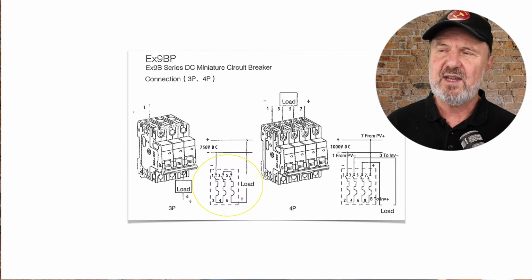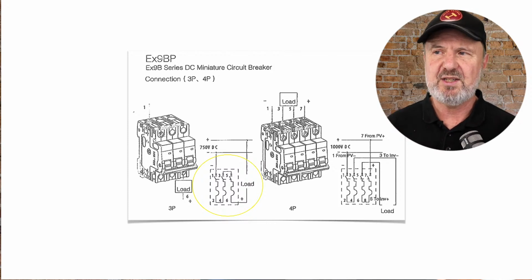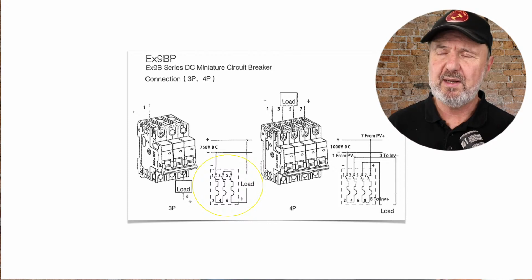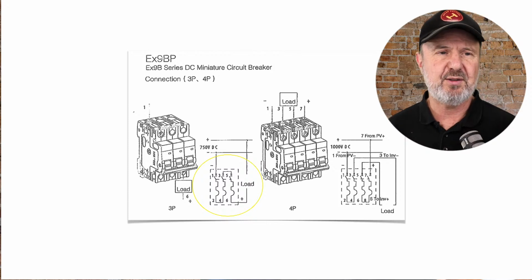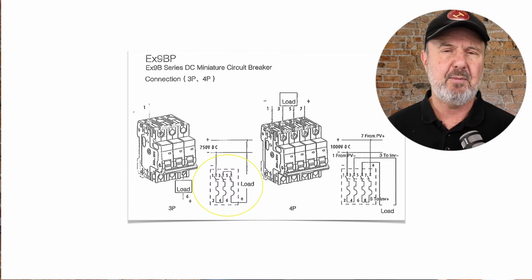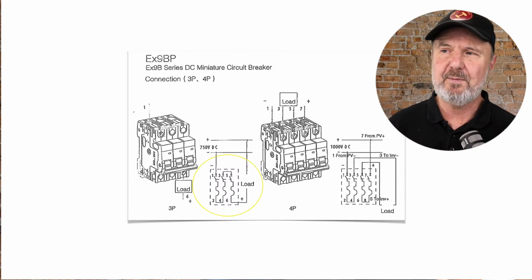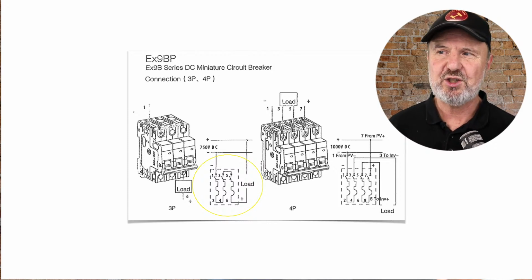Now, here's a data sheet from a DC isolator manufacturer. And remember, most of these manufacturers are global manufacturers, so they're not necessarily making their data sheets for our particular standard. And therefore, they're just showing that, in this case, the 3-pole device has a 750 volt rating, but they're showing that all of the switching is on the positive side. So there's 3 poles in series on the positive side and a common negative.